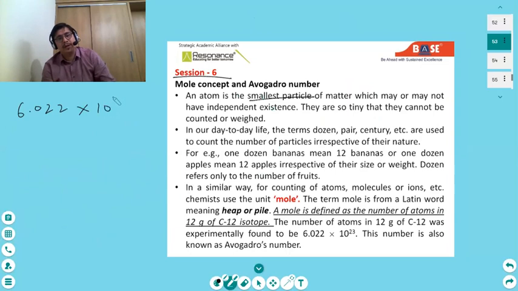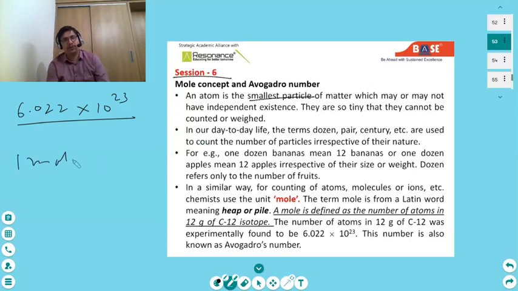Suppose you go in the market and tell them, give me this much amount of chocolate, or 1 dozen of chocolate. 1 dozen chocolate you will get, but this much amount of chocolate you will not get, because they will not have this much. This number is so huge that if you have 1 mole of donuts, you know, right, all of you? So if you take 1 mole of donuts, then it is equal to this much amount of donuts.